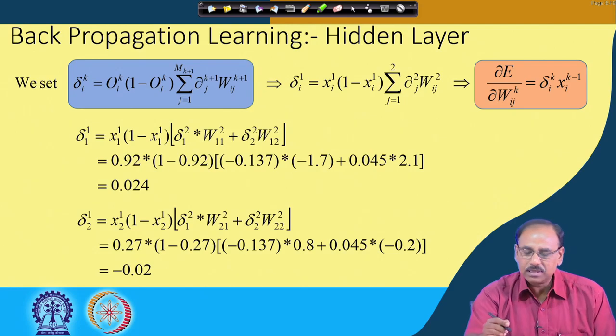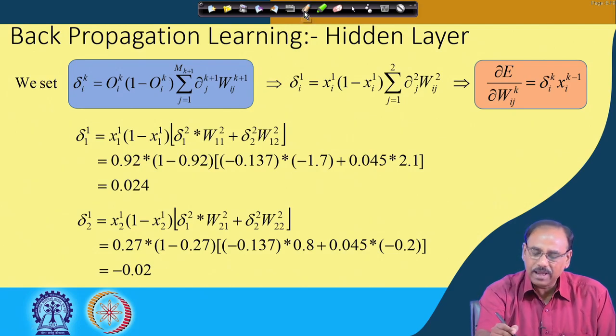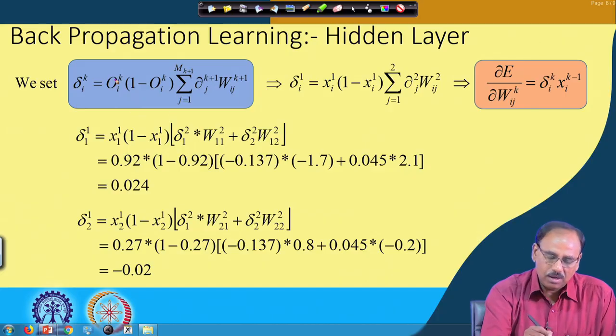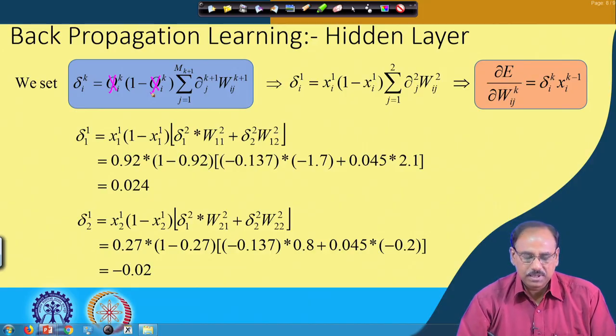Sorry, in this particular case we are considering Oi to be xi. So, please read this as Oi is xi, and Oik is xik.